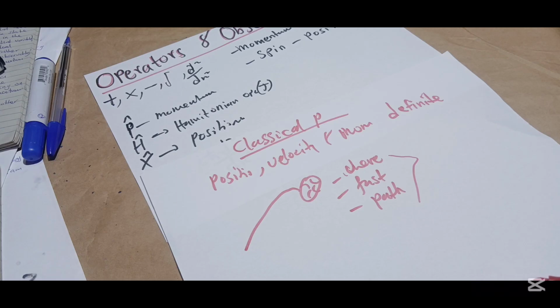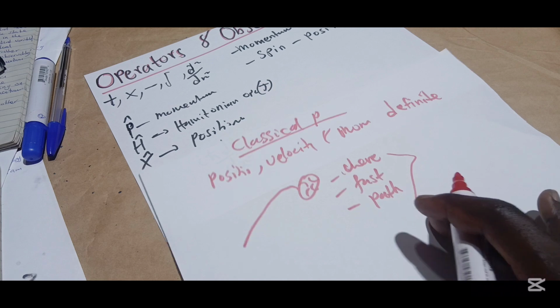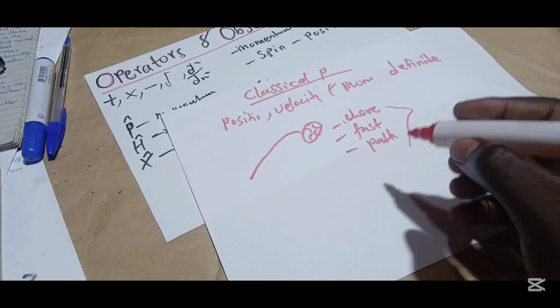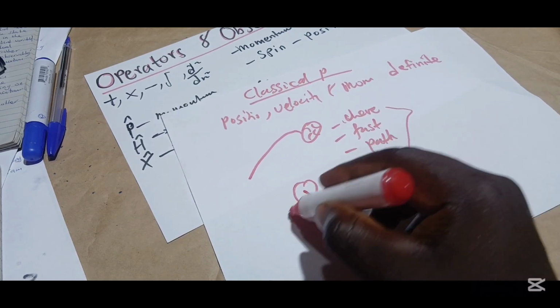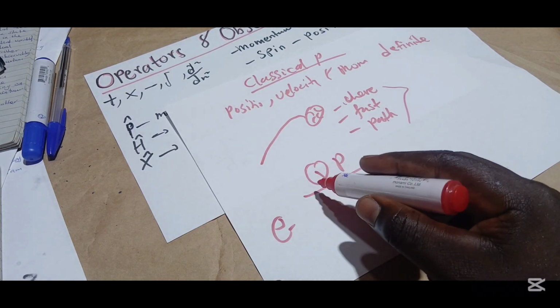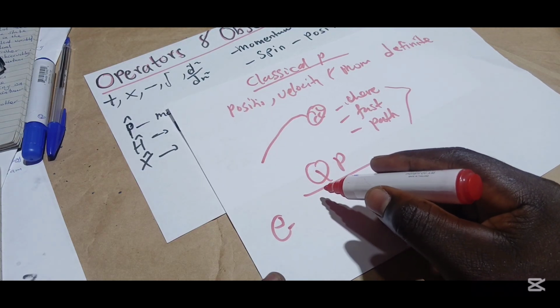So we need to introduce another language before we can work with quantum systems or predict the behavior of a quantum system. Because a particle in quantum physics, like an electron, is not described directly by position or momentum first.